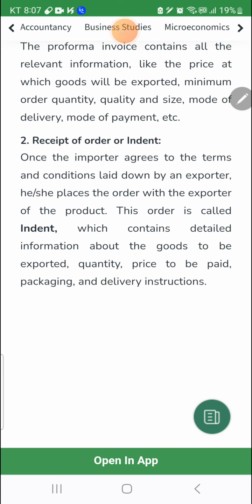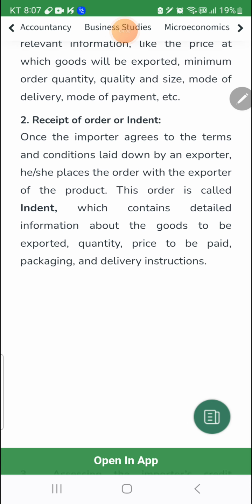2. Receipt of order or indent. Once the importer agrees to the terms and conditions laid down by the exporter, he or she places the order with the exporter of the product. Laid down, that's a good expression. I already know the expression, but I constantly try to remember new words, old words, expressions, clichés over and over again.